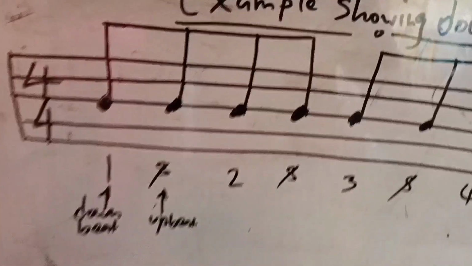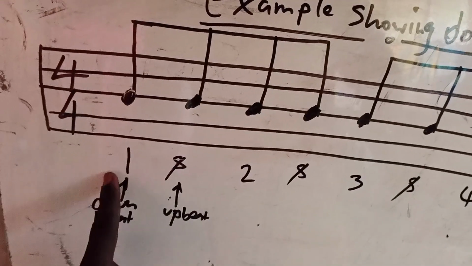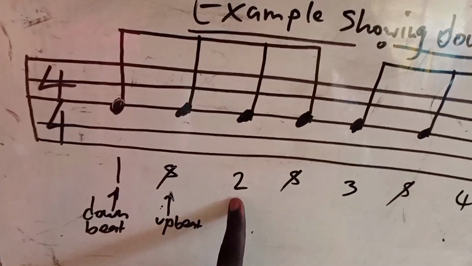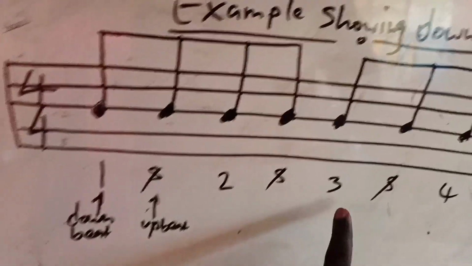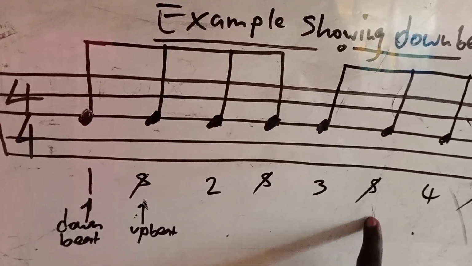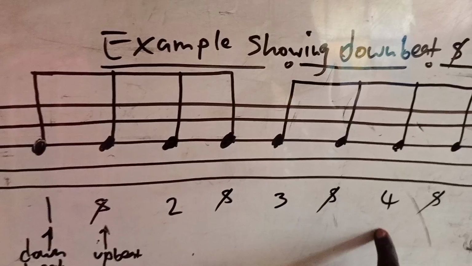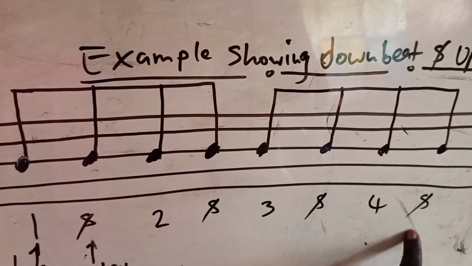So it's 1 and 2 and. So 1 downbeat and the upbeat. Then 2 downbeat and gives us the upbeat. Then 3 downbeat and will give us the upbeat. Then 4 downbeat, then "and" will give us the upbeat.